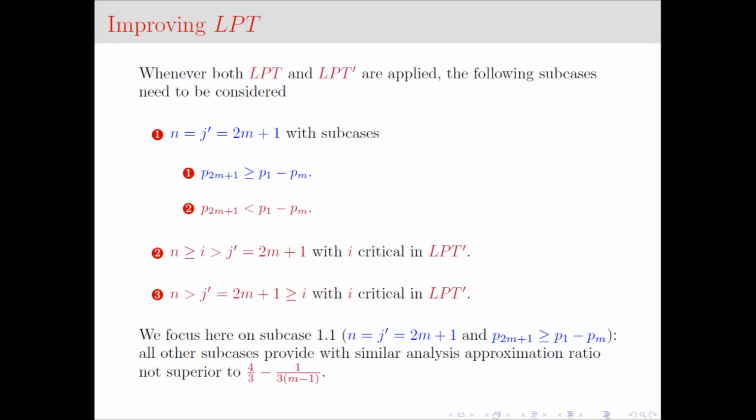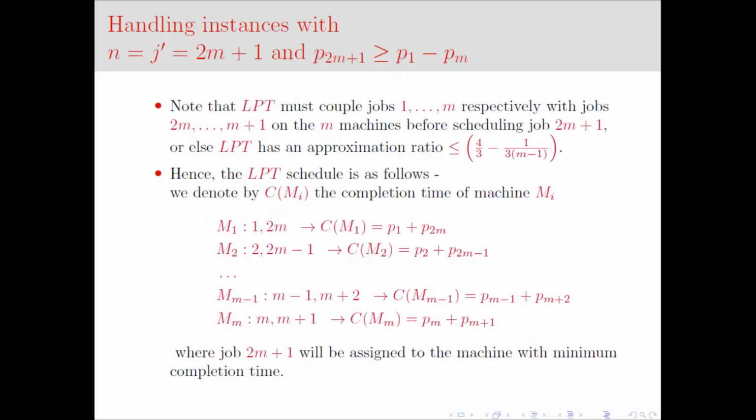But in all these cases, we have additional information. You see, the first information, when I was considering the blue ones, which are actually the cases that provide the worst case, there is another piece of information. So we know that P2n plus 1 must be greater than or equal to P1 minus PM. Again, this is information that we can provide. And so we keep on going this way.